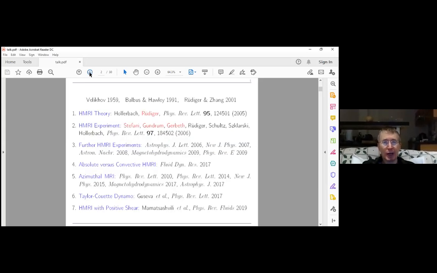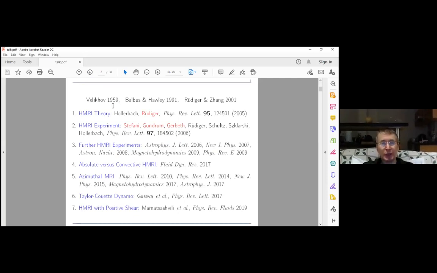Then a little bit of the background here. The MRI was discovered originally by Velikov, as you can see, a very, very long time ago in 1959. He did it in exactly this Taylor-Couette context that I want to consider here.